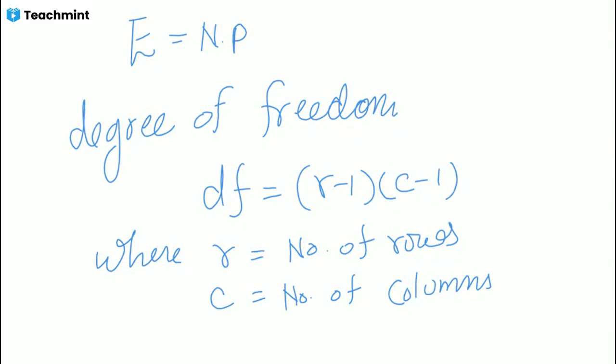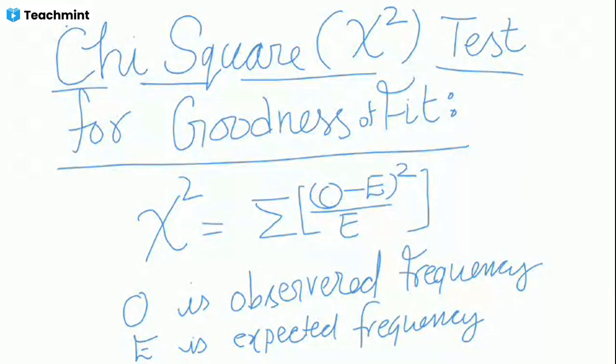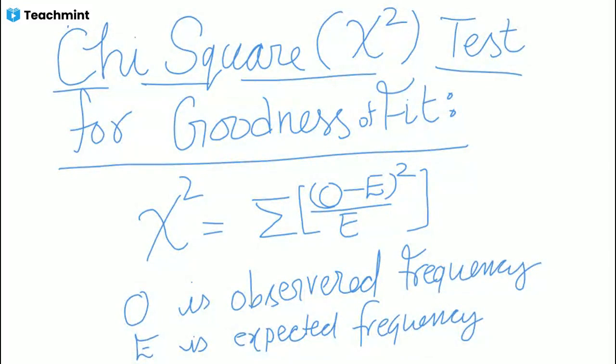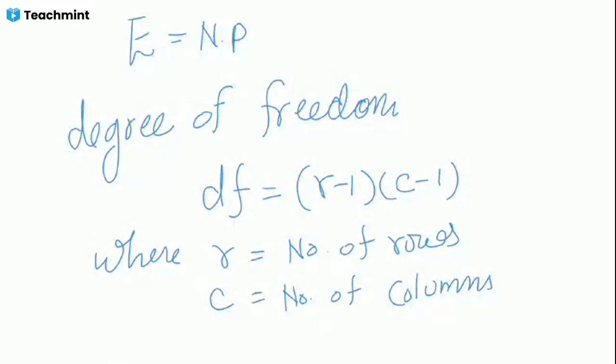First of all, we need to calculate this one. Now we need to construct a table for the difference of O and E, then find the square of the difference, then divide by E. Later we'll find the degree of freedom.